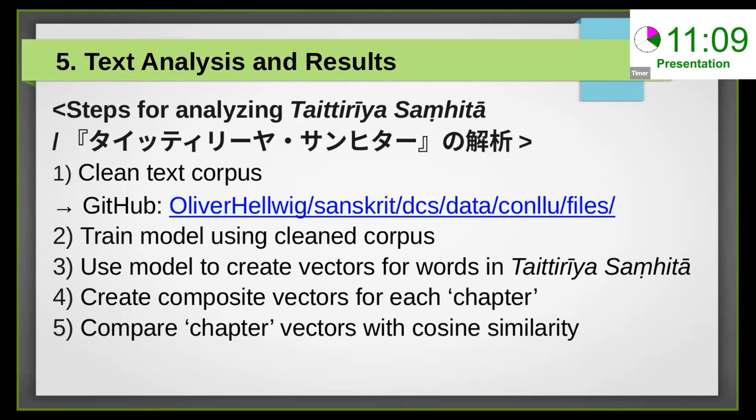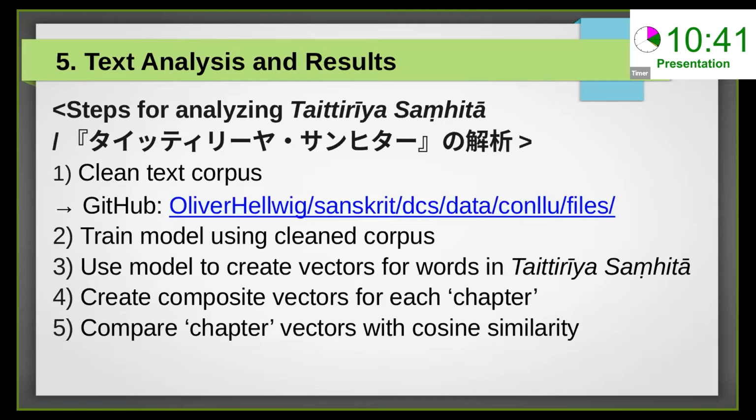And the second, I train a model using the clean corpus, and I use the model to create word vectors for the Taittiriya Samhita. So in this phase, I so to say allocate word vectors to the words appearing in the Taittiriya Samhita.